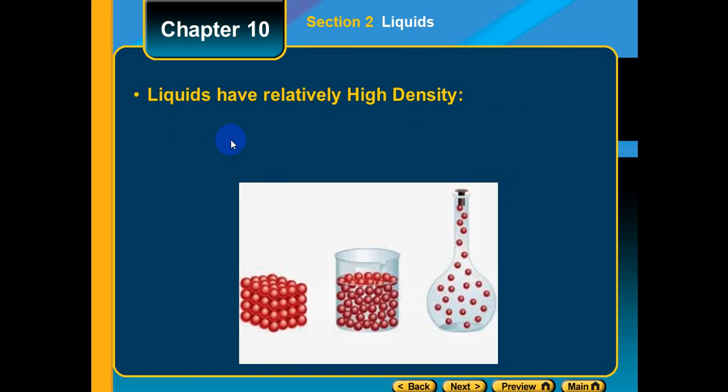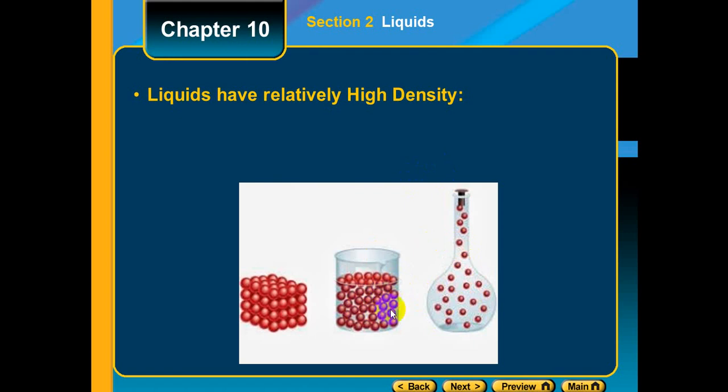Another property of liquids is that liquids have relatively high density, and their densities are larger than that of gases. Why? As you can see from the figure, the particles of a gas are far away from each other and the particles of a liquid are closely packed together.